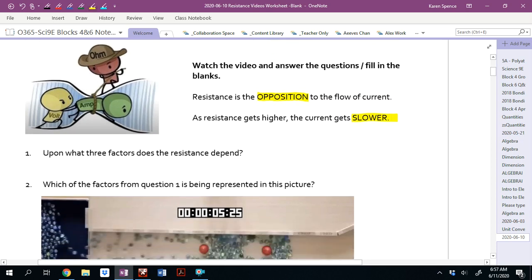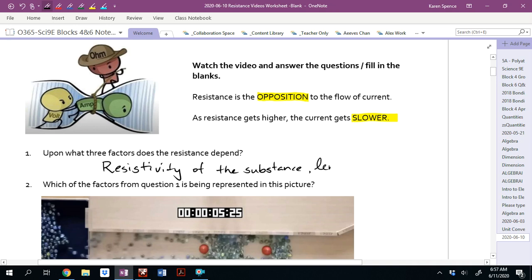So upon which three factors does the resistance depend? It depends upon the resistivity of the substance, which is just a property of that substance.